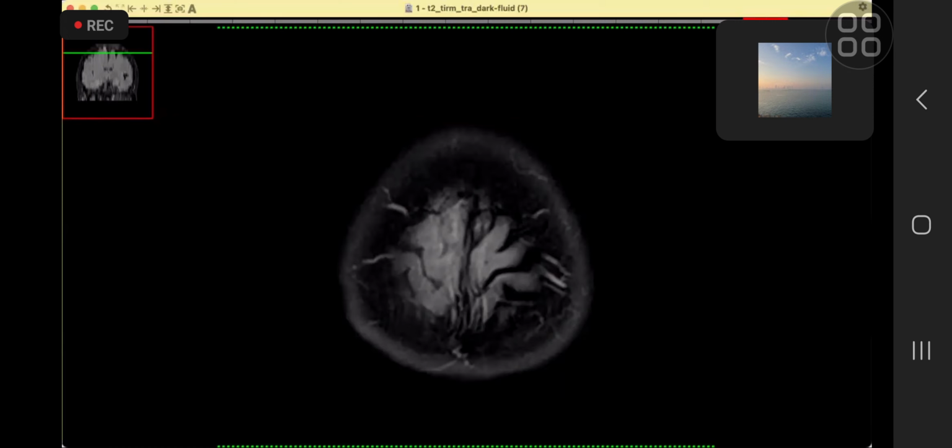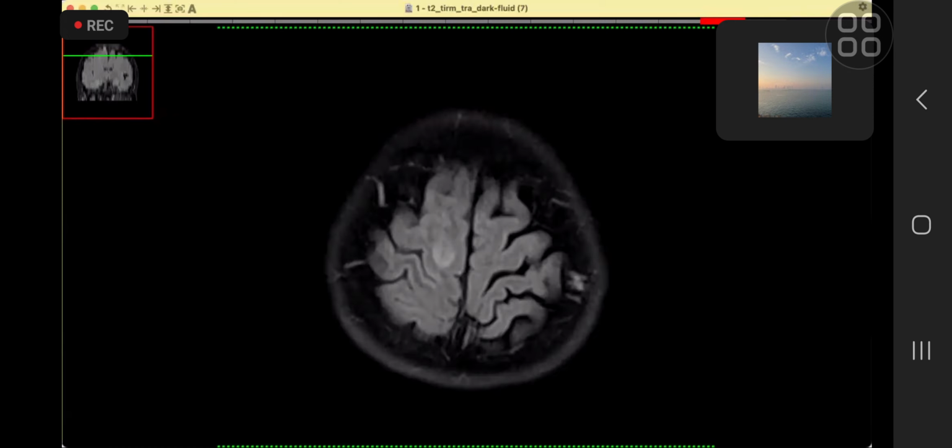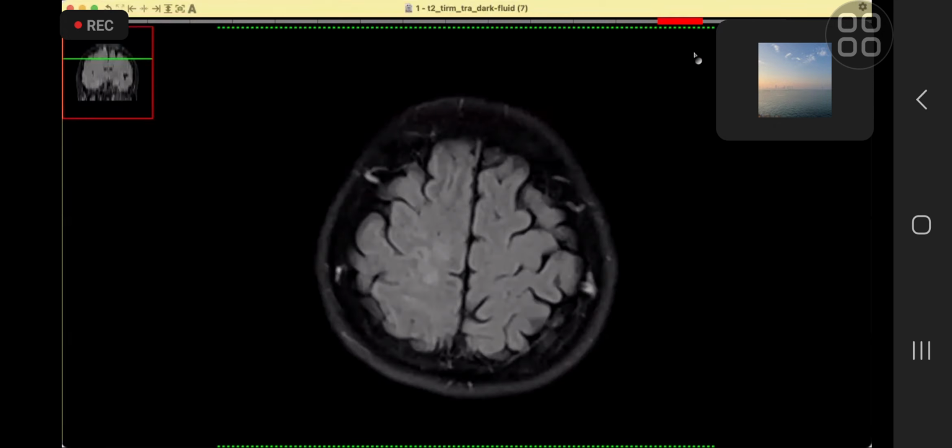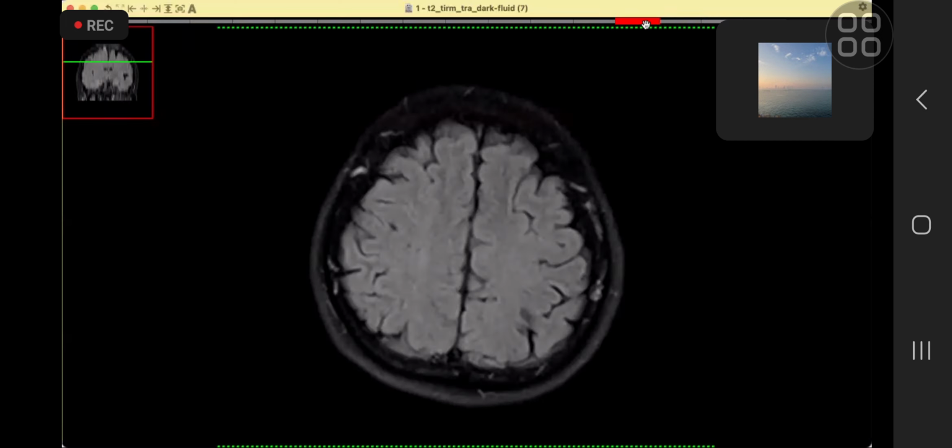So in this FLAIR sequence, for the first instance, I can see there is some subtle FLAIR hyperintensity, which I can see here in the right high parietal region.